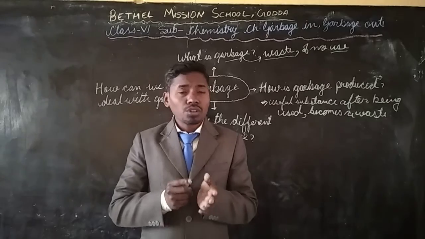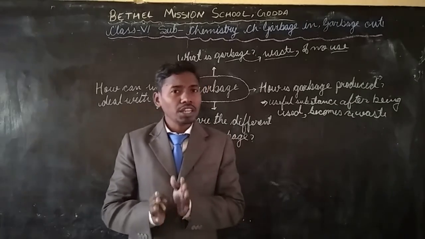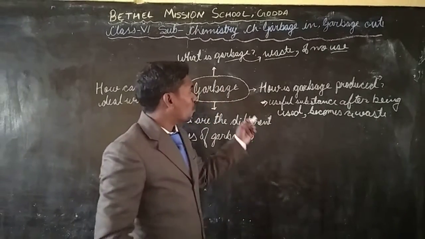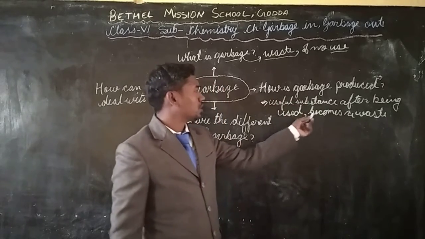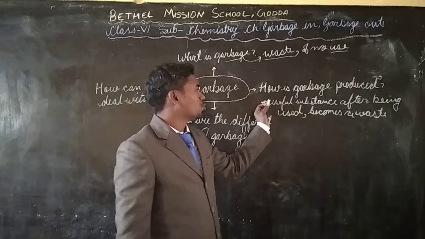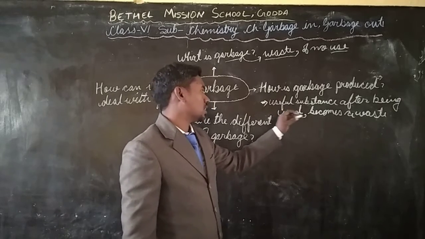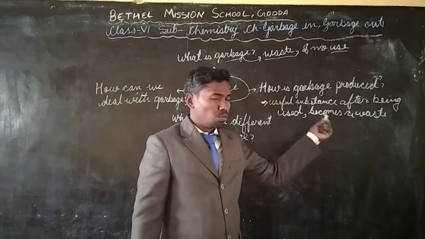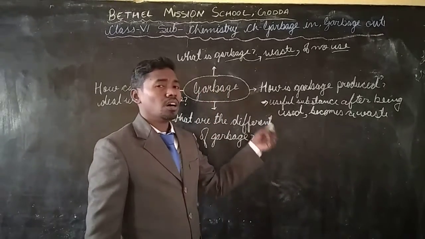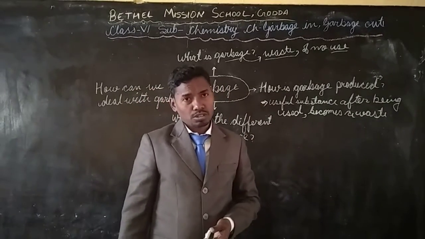So this is what has to be understood, how garbage is produced: after the useful substance has been used, it becomes a waste. This is how garbage is produced.